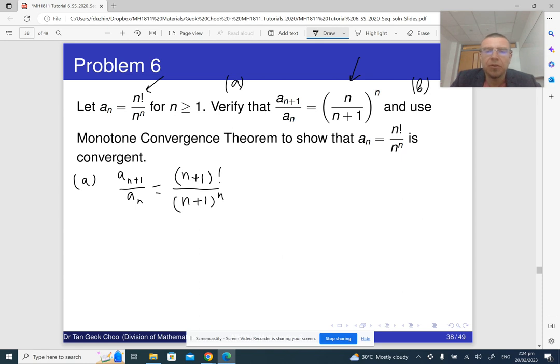But to divide by a fraction, we need to multiply by the reciprocal of the fraction. So n to the n divided by n factorial. All right? So this is (n+1) factorial divided by n factorial times n to the n divided by (n+1) to the n+1.